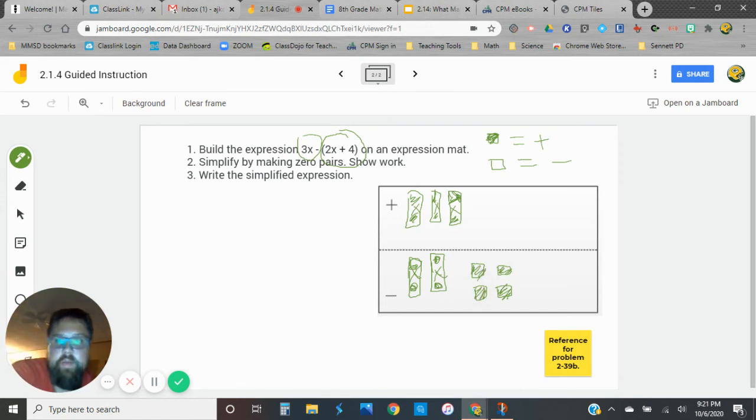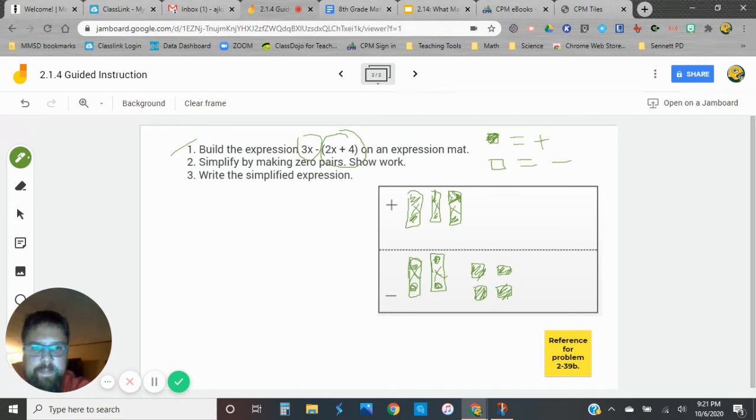All right, so I accomplished step 1, building the expression. All right, now I got to simplify by making 0 pairs. Show work. Okay, that means you just got to circle things, show things going off.